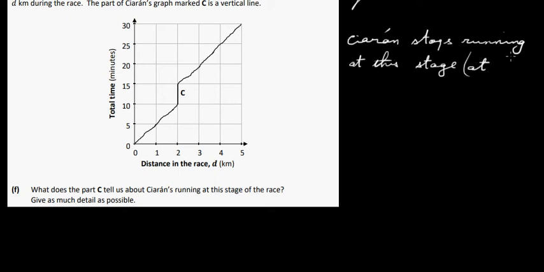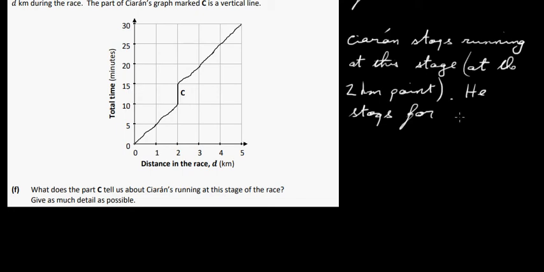This is at how many kilometers? 2 kilometers, at the 2 kilometer point. Now he stops for, let's see, he stopped at 10 minutes and he started again at 15 minutes. So he stopped for 5 minutes. So he stops for 5 minutes.